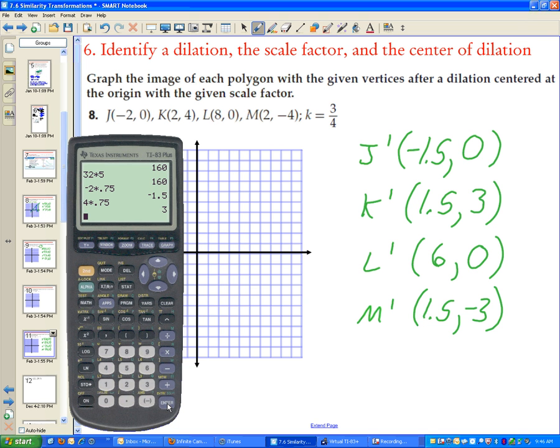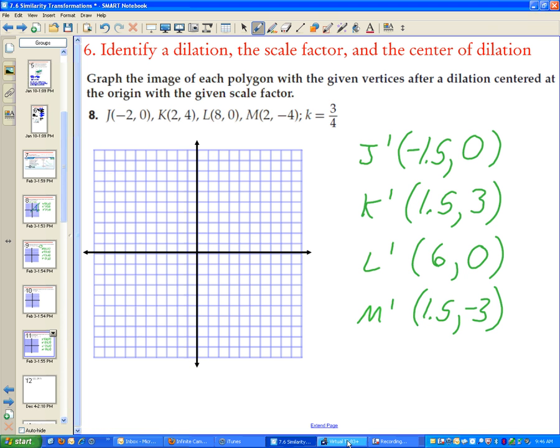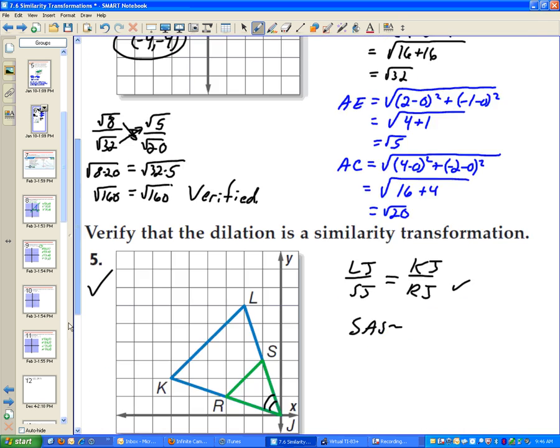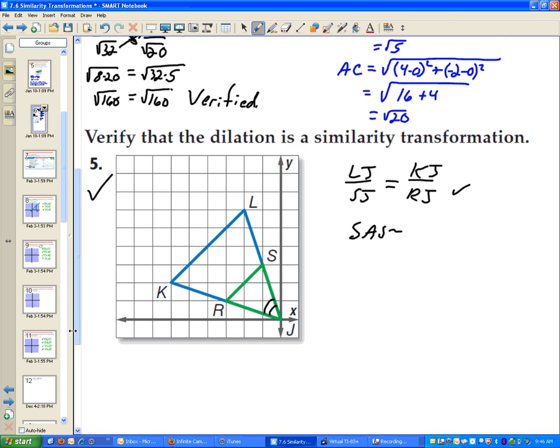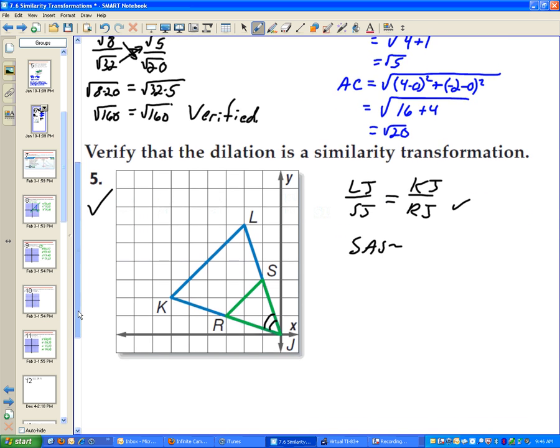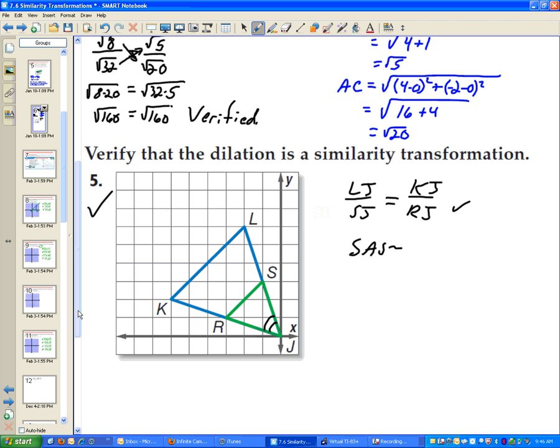And we've got them all, don't we? Okay? If we're doing one of these, we can do that. If we can find the scale factor by seeing what the coordinates were multiplied by, you can do that instead of the distance formula. I'm okay with it. Okay?